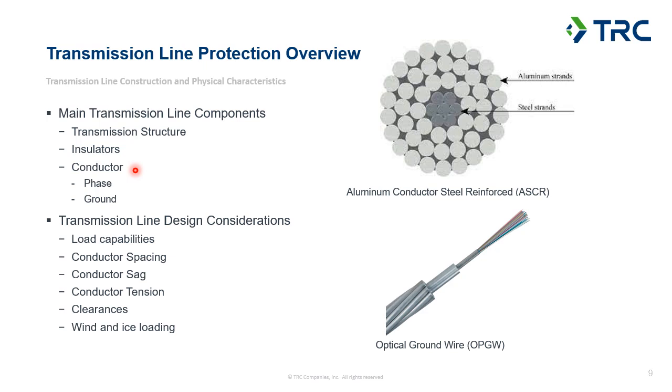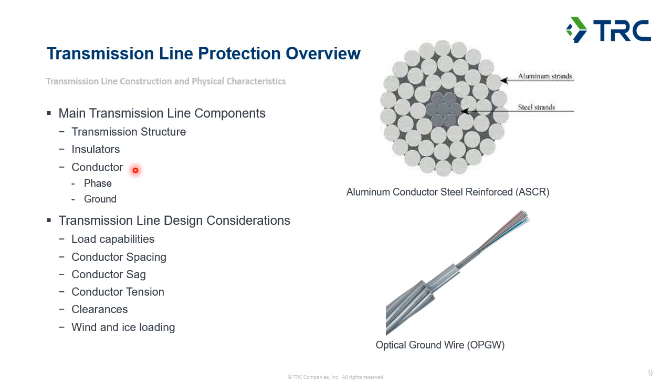As I mentioned, the engineering that goes into developing a transmission line design includes a lot of different considerations, such as the loading capabilities, how much load, how much power do we need to put through the line, what is the conductor spacing, how far apart do the conductors need to be to maintain electrical clearances, the conductor sag, and that's variable based on temperature and other conditions.